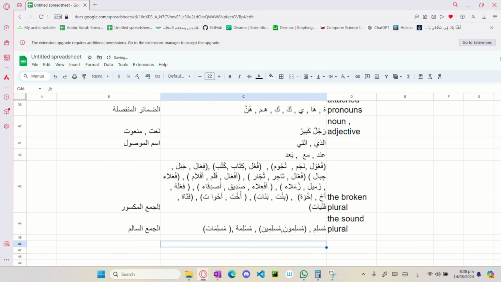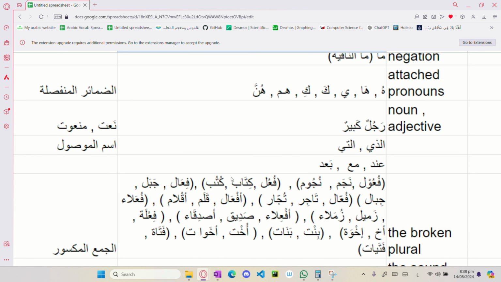And then Al-Jam' al-Maksur. So Al-Jam' al-Maksur means the broken plural, and these are the forms we are going to study in the 13th lesson. So fu'ul is the form or the pattern on which many isms could be, and an example of that is najm and nujum. So nujum and fu'ul, you can see the similarity, right?